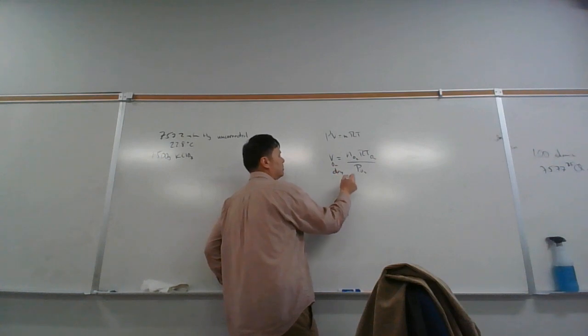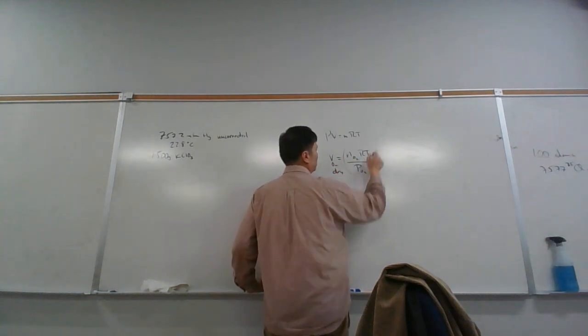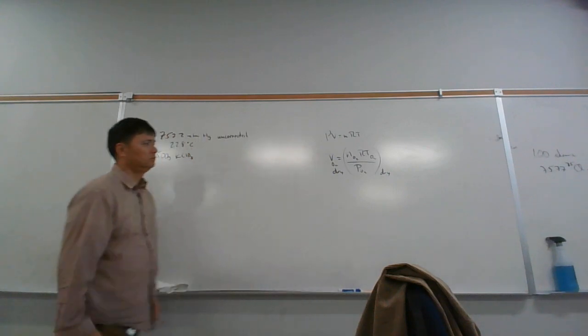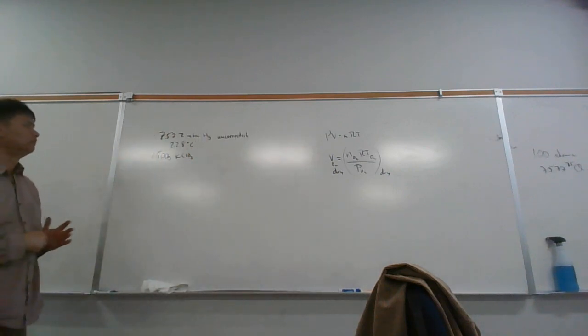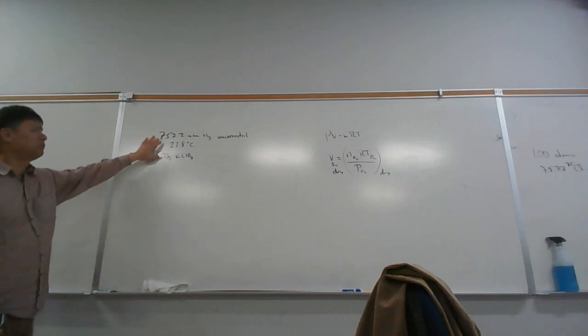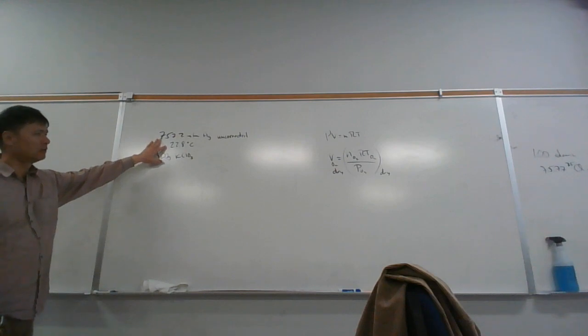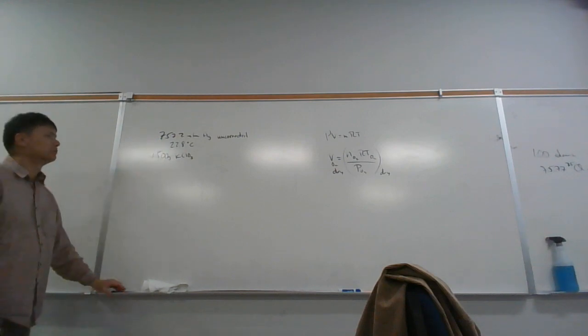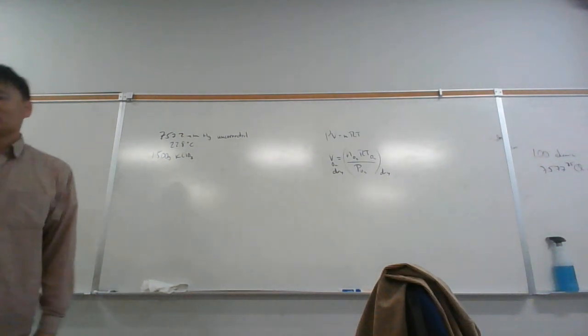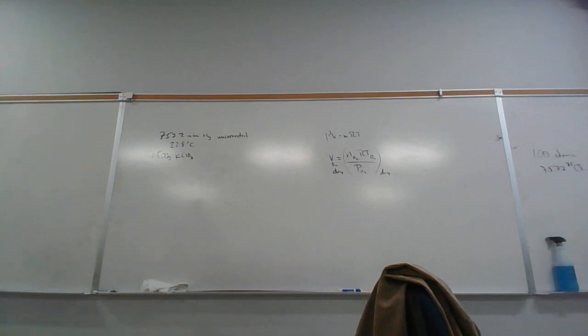This is the dry O2, and all these have to be dry as well. So in this case, we have to correct the barometric pressure using the correction. We have to look it up on the table.